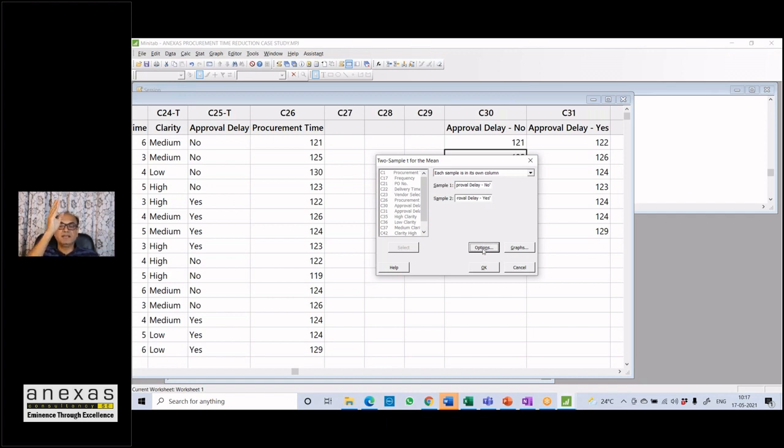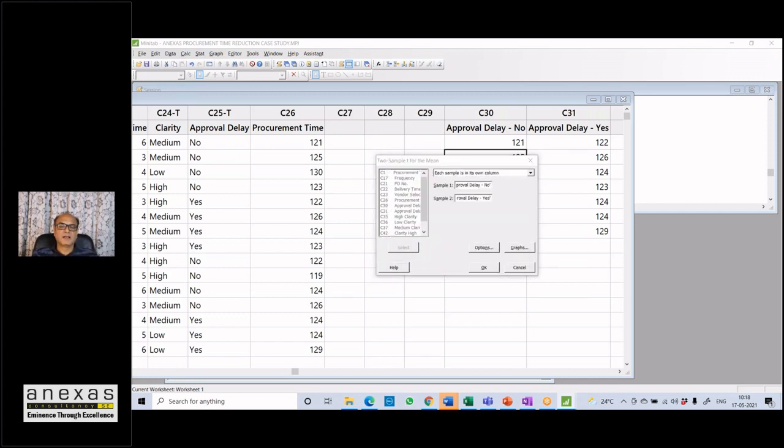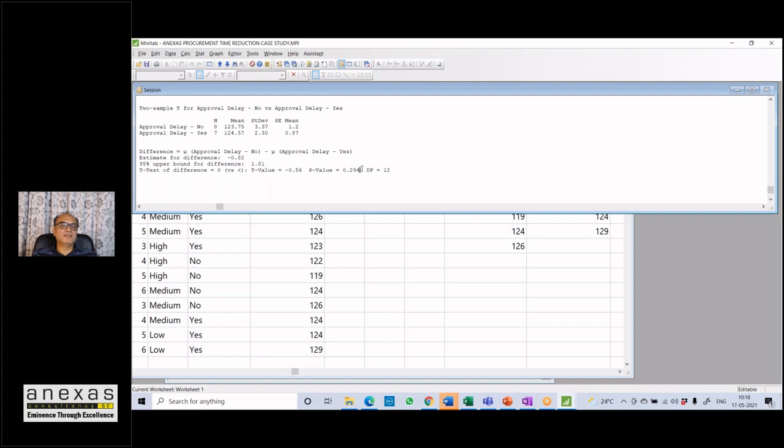Null is approval delay is equal to approval no delay. And what is the alternative? I feel that when there is no delay, the time is less. That's what I feel. So I'll say the alternative hypothesis is less than. And p-value is 0.29.